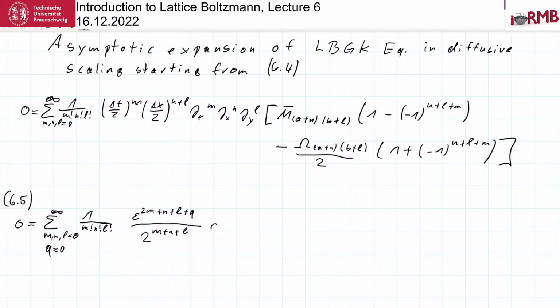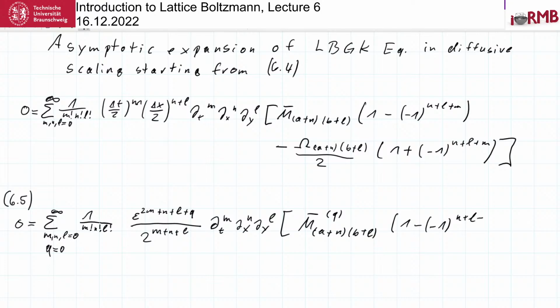Okay, and then we get the derivative in time with m, derivative in x with n, derivative in y with l, and here comes the expanded moments a plus n b plus l, and this is expanded in Q, again with 1 minus 1 to the power of n plus l plus m.